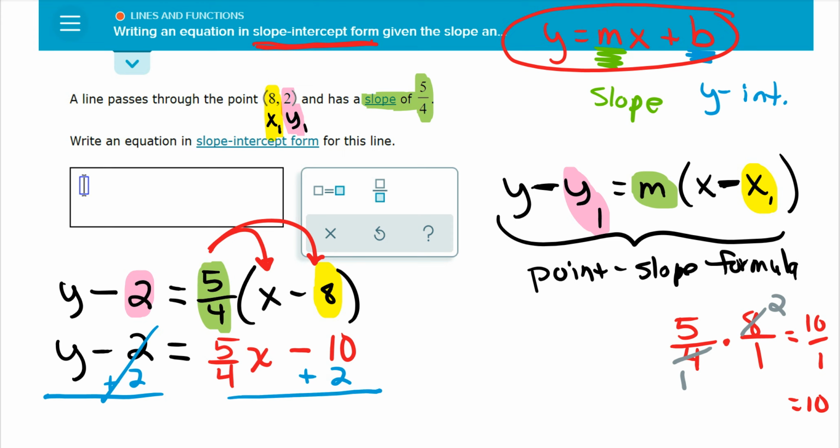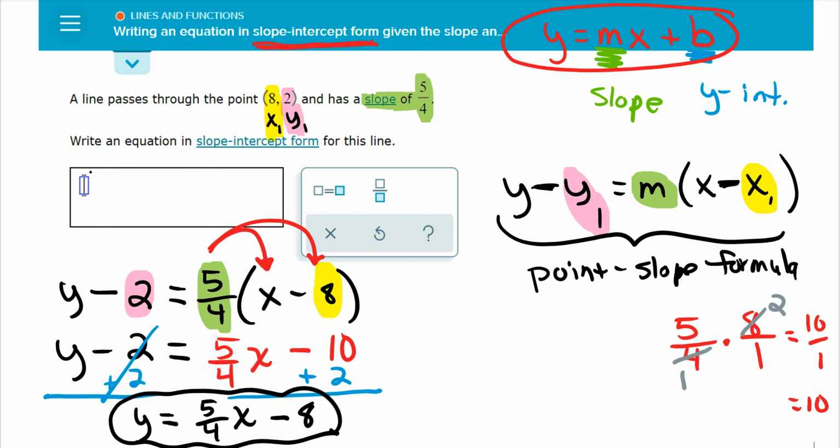And so my final answer, y, is equal to the 5/4 x, and then negative 10 plus positive 2 would be negative 8. And that is my answer, which is going to go in this box right there.